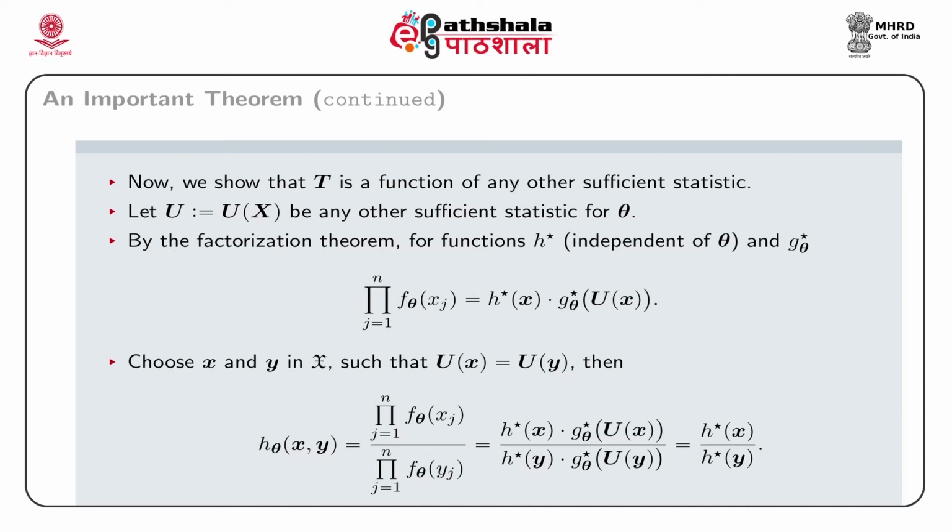Now for any two sample points x, which is x_1, x_2 up to x_n, and y, which is y_1, y_2 up to y_n, from script X such that U(x) = U(y), we obtain h(θ; x, y) equals the product over i from 1 to n of f_θ(x_i) divided by the product over i from 1 to n of f_θ(y_i), which equals g*_θ(U(x)) into h*(x) divided by g*_θ(U(y)) into h*(y), which is just equal to h*(x) divided by h*(y), because g*_θ(U(x)) equals g*_θ(U(y)) as U(x) equals U(y).